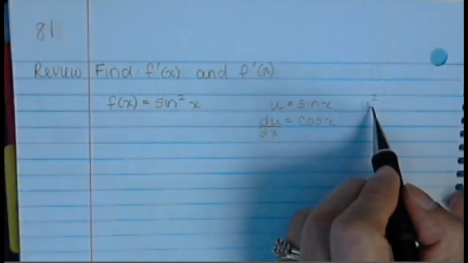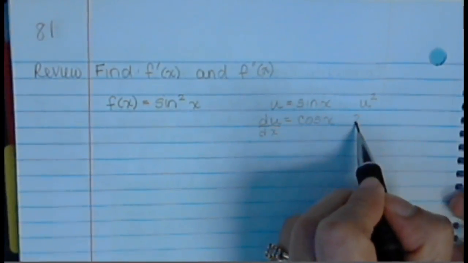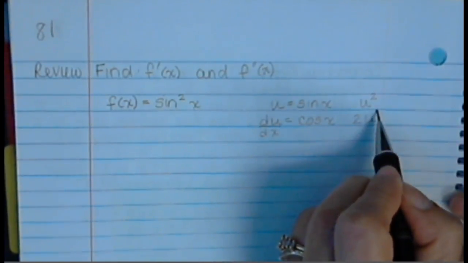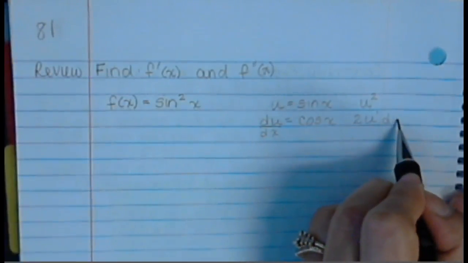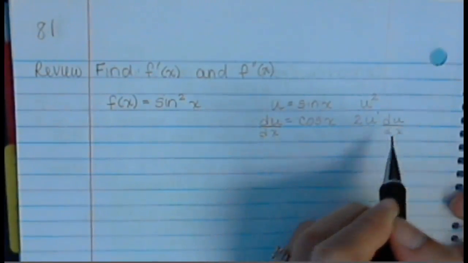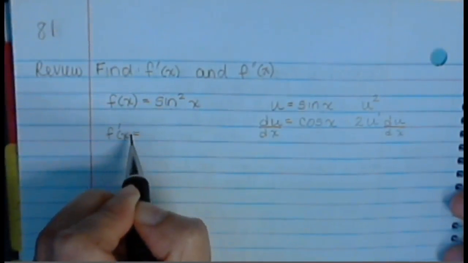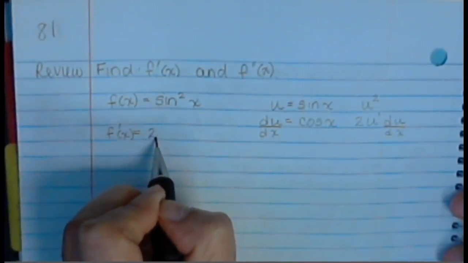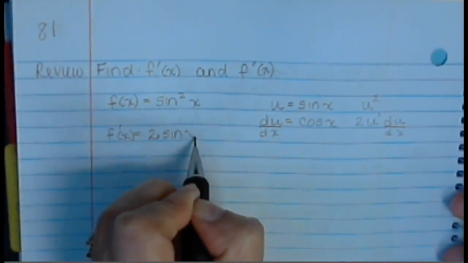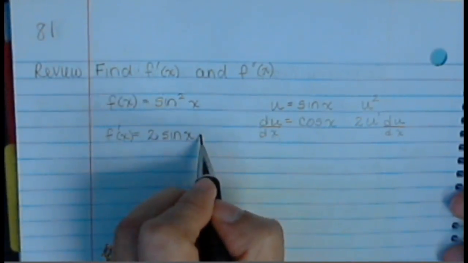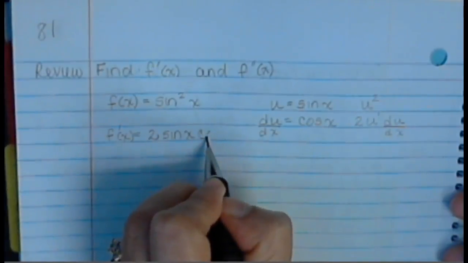So when we take our derivative, we're going to bring down the 2. We'll get u to the 1 power and then take the derivative of u with respect to x. So that's our job, to find f prime of x. We're going to bring down the 2, have sine of x, and then times the derivative of u, which is cosine of x.